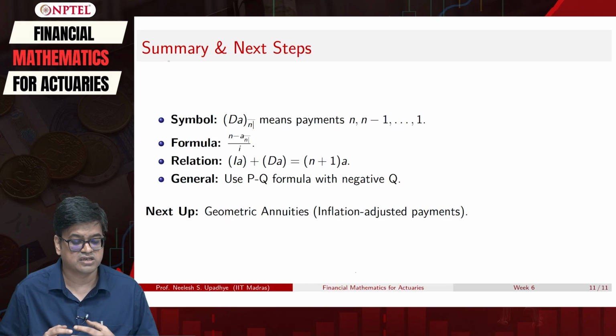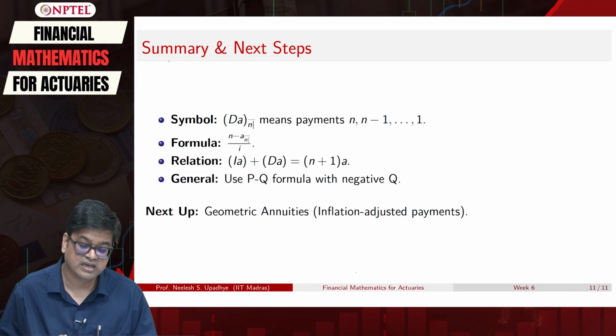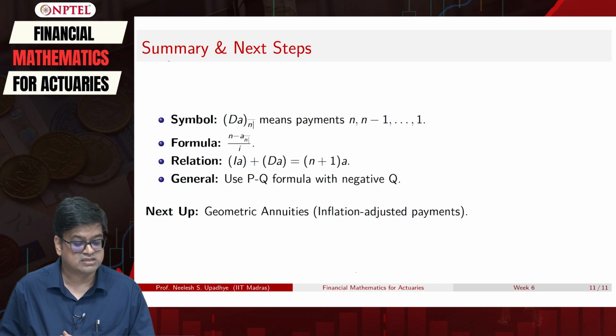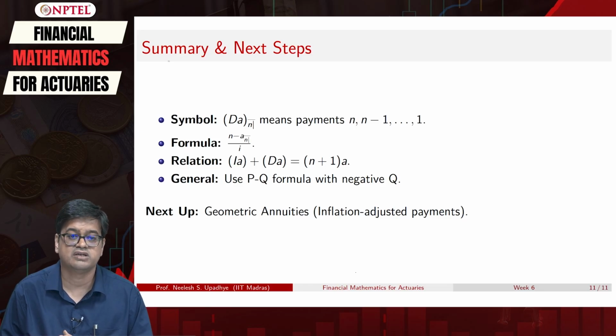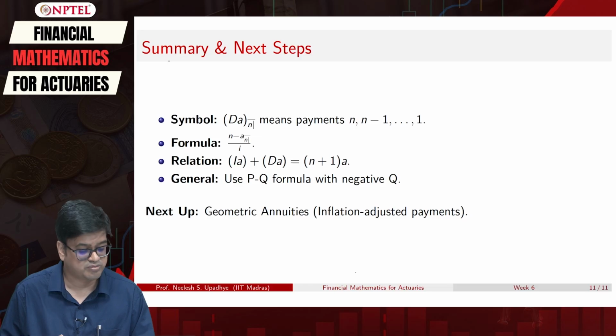So, this is the decreasing annuity formulation. The formula for that is an elegant formula: n minus a angle n, which is the annuity immediate for n periods, upon i. The relation that we explored is that increasing annuity and decreasing annuity for n periods, if you sum them up, you will get n plus 1 times the level annuity for n periods. We can use the general PQ formula by replacing Q with a negative number.